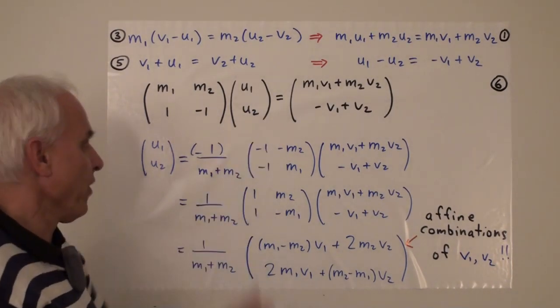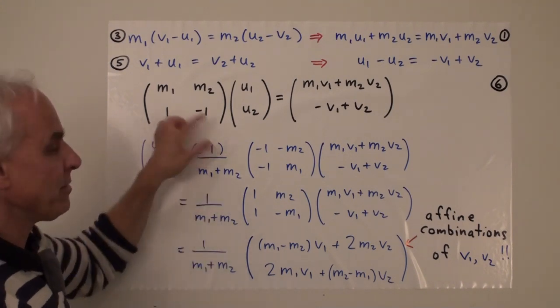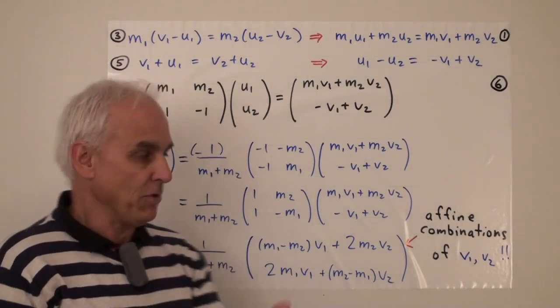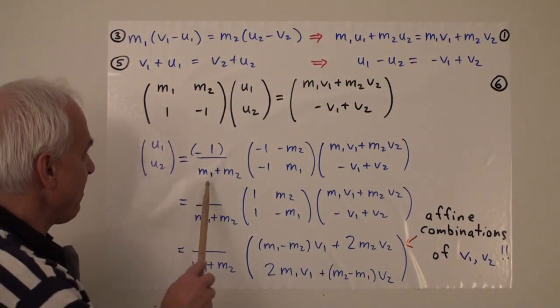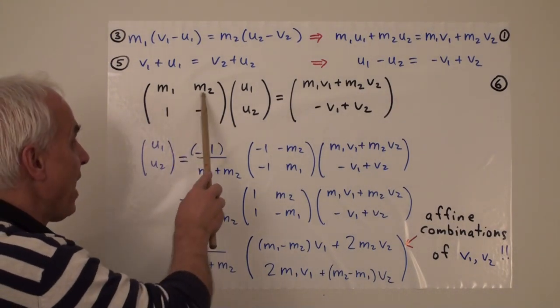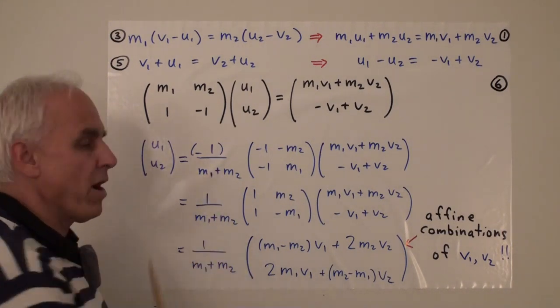So we can solve for the unknown vector u1, u2 by multiplying by the inverse of this matrix. Sort of a nice way of doing it. And how do we find the inverse of this? Well, we divide by the determinant, which is minus m1 minus m2. So it's minus 1 over m1 plus m2.